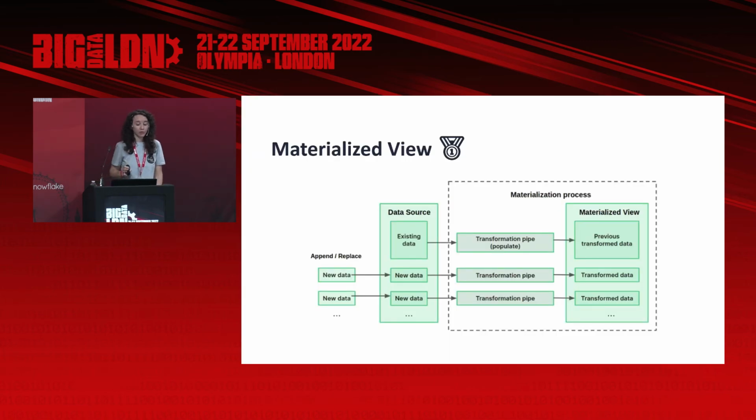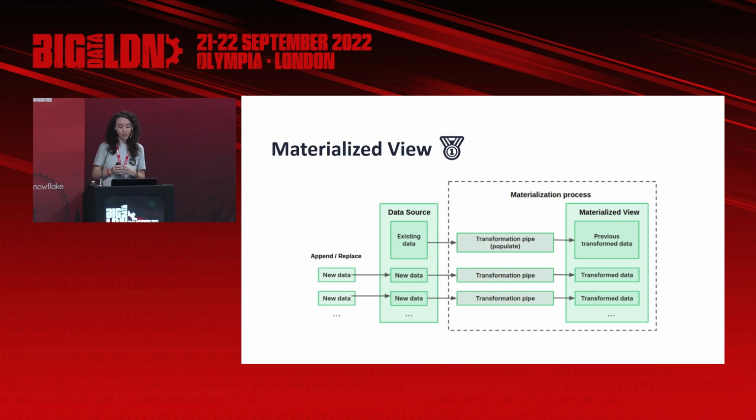A materialized view is a combination of a pipe which reads from an original data source, performs a transformation process, and then a destination data source where this result is stored. Okay?